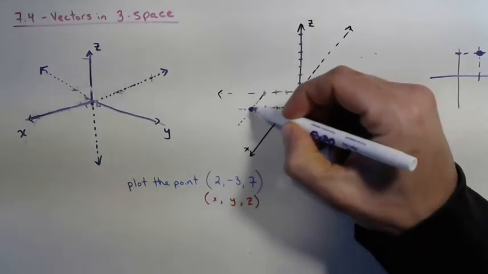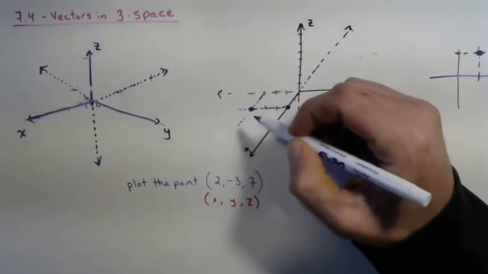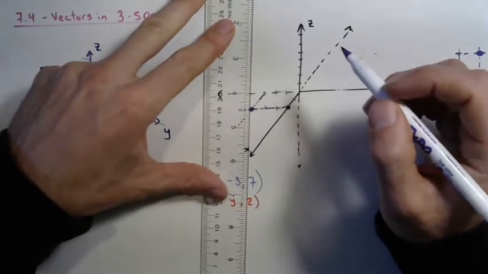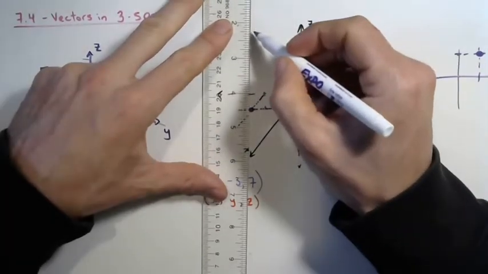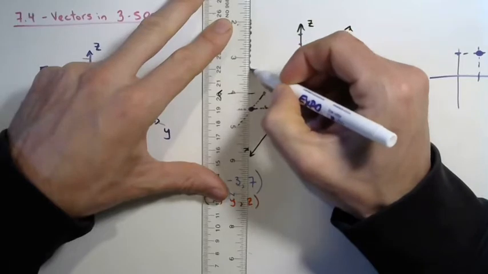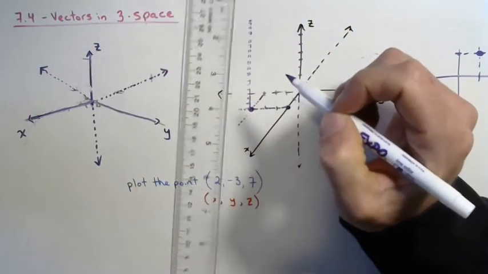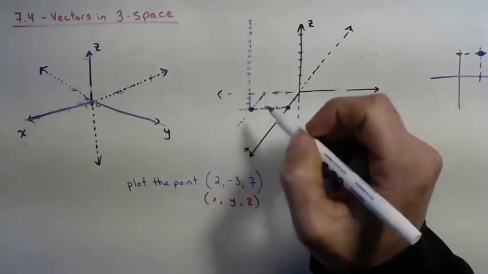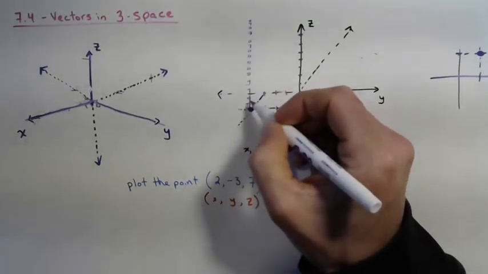So let's do that first. I'm just going to draw a dotted line because it's a bit longer and I want it to be good. I'm going to use my ruler. That looks about parallel. So I'm going to draw this dotted line and extend it a bit further than I need to. And now I'm going to count up 7 from here.